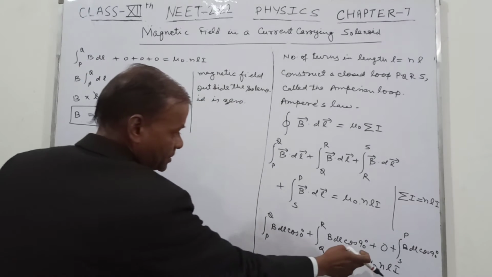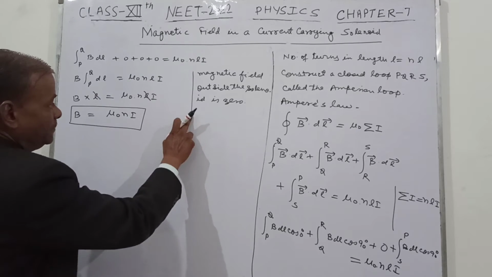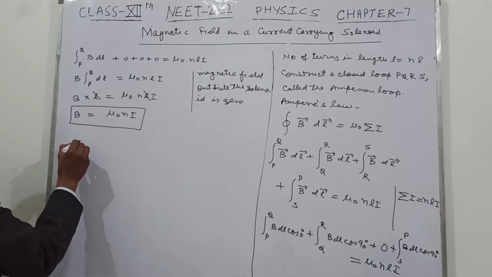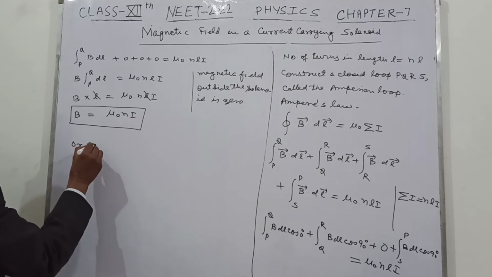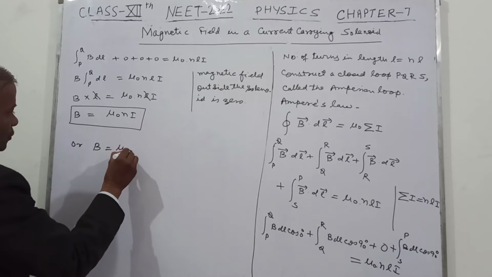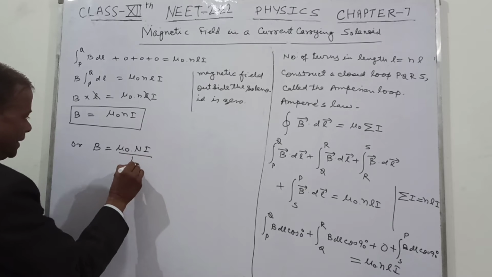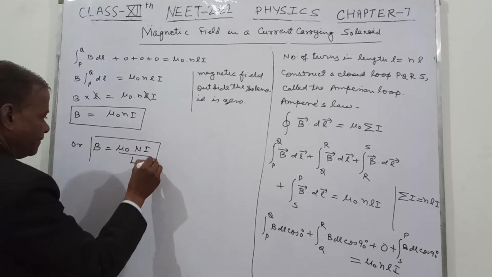This is why this third integration has been taken equal to 0, because of this factor. So now you can have that B equal to mu naught n I upon L. This is now another form.